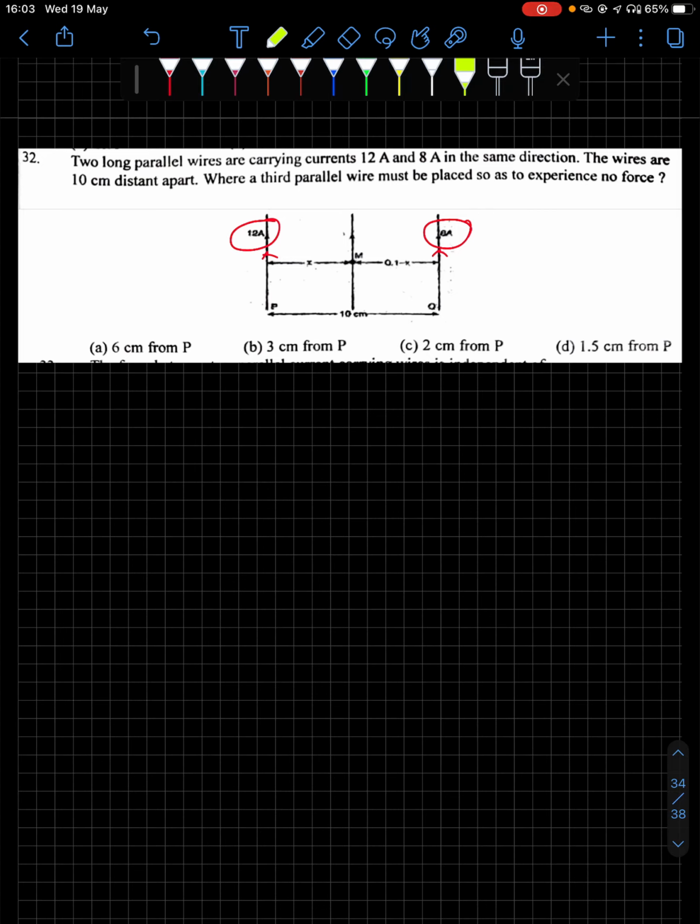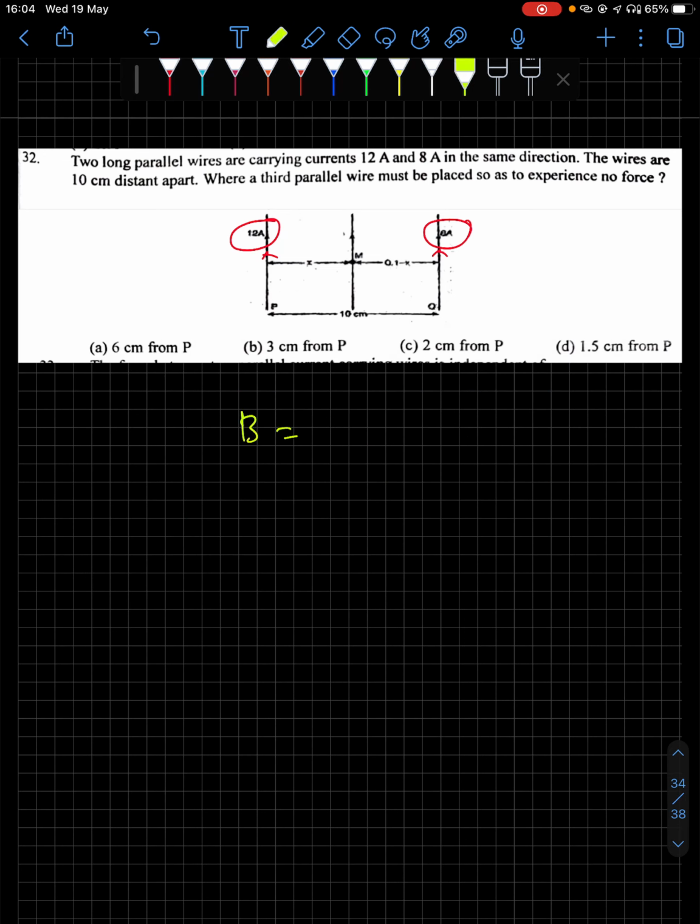So due to the wire P, the magnetic field B1 would be mu naught by 4 pi 2 I1. Let's write down the relation in general first.